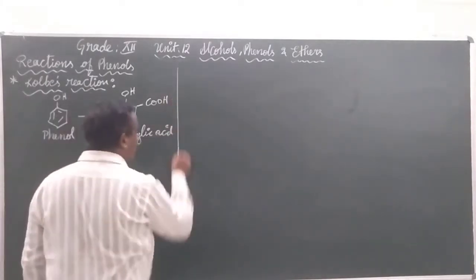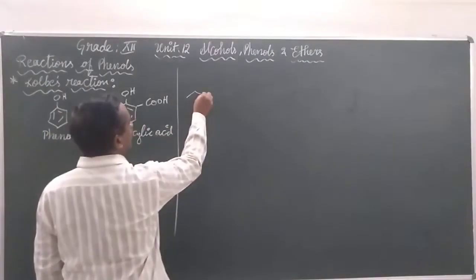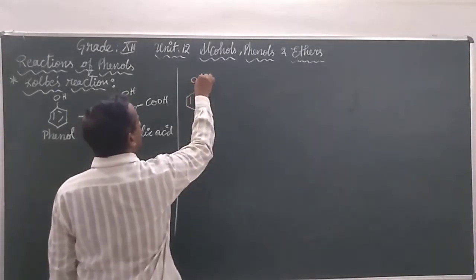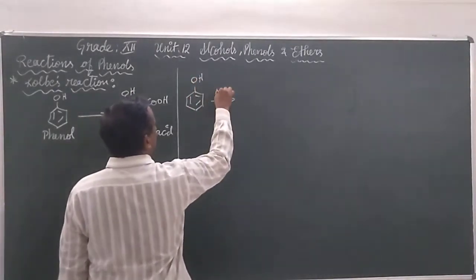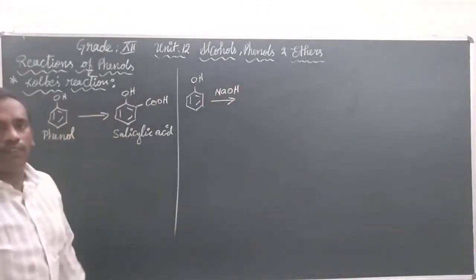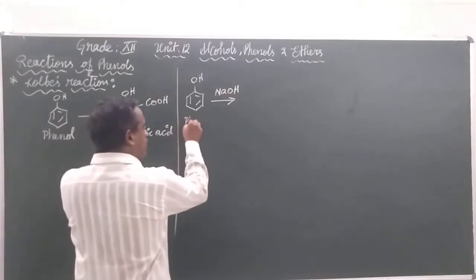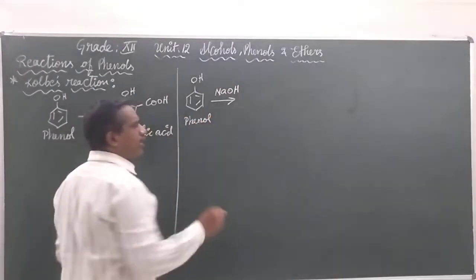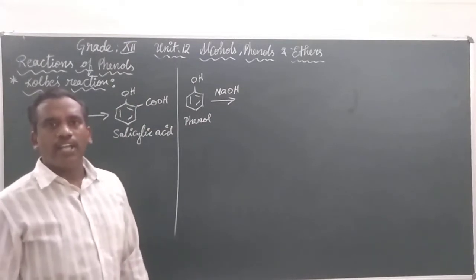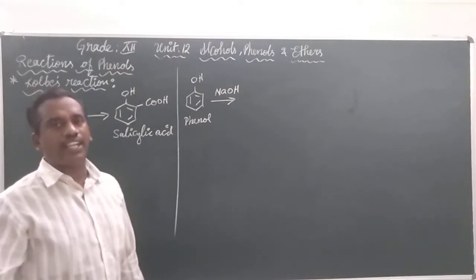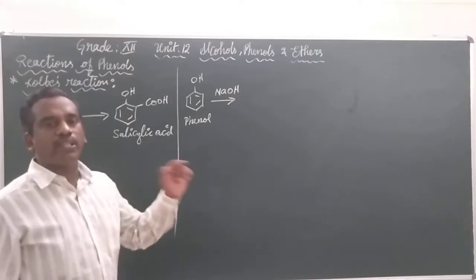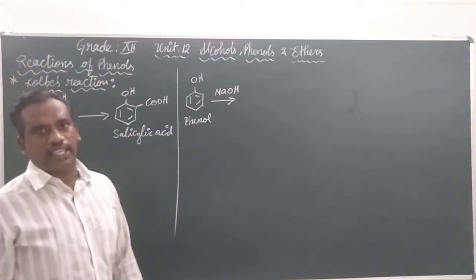Basically, we are going to react the phenol with sodium hydroxide. In the initial step, we react phenol with sodium hydroxide. We had already discussed that phenol is more acidic. Its pKa value is around 10, and due to this it is going to react with a base like sodium hydroxide.